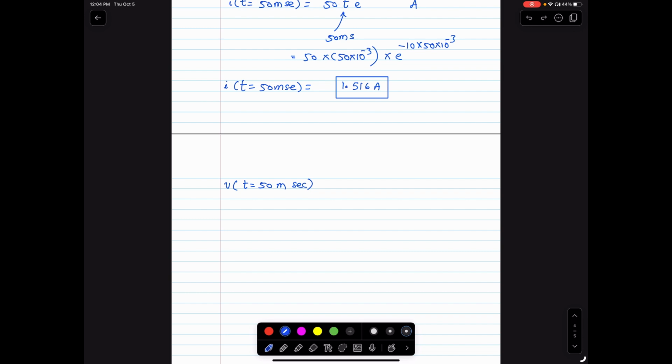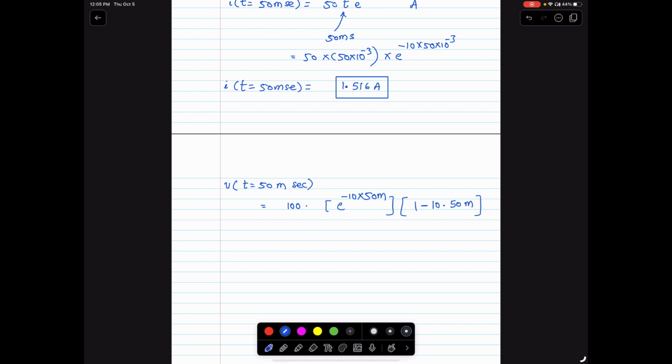So that is going to be 100 times e to the minus 10 times t, which is 50 milliseconds, multiplied by (1 minus 10t), where t is again 50 milliseconds.